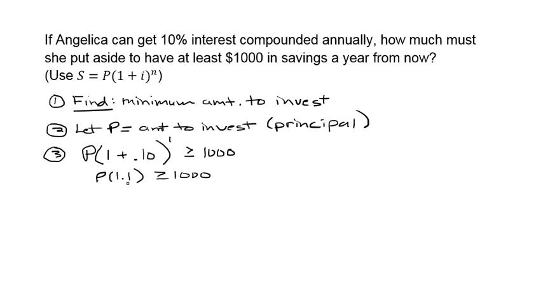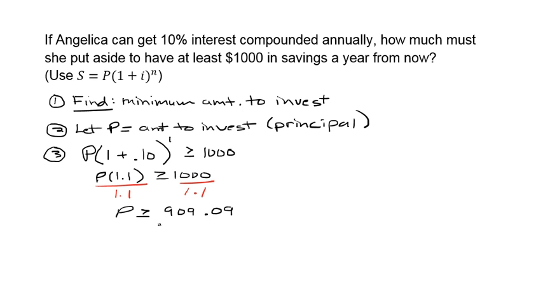Well, if I'm going to solve that, I've got multiplication, and I need to undo that by dividing both sides by 1.1. So when I do that, I end up with P is greater than or equal to 909.09.